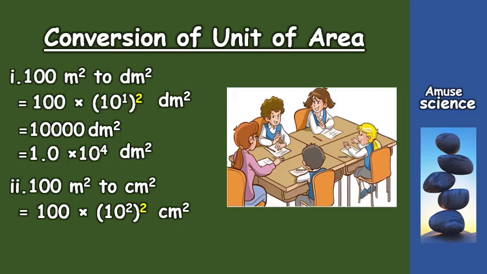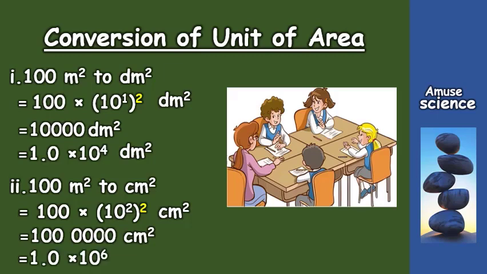By so doing, we have just introduced the centi and squared it because we are dealing with area. Once again, applying the concept of indices and finding our final answer, we are going to get 1 million centimeter squared. And changing this one to standard form, we are going to get 1.0 times 10 exponent 6 centimeter squared.